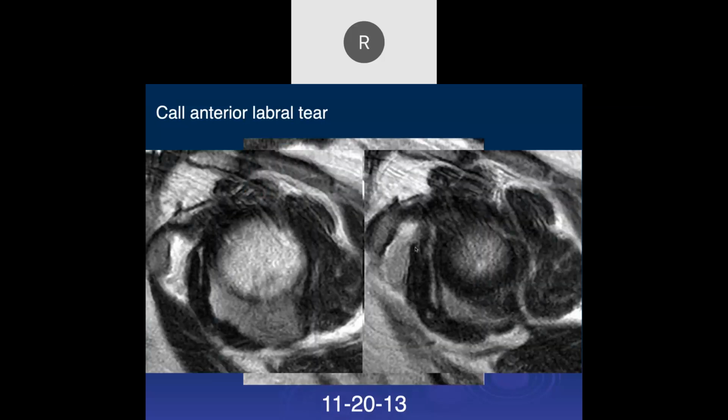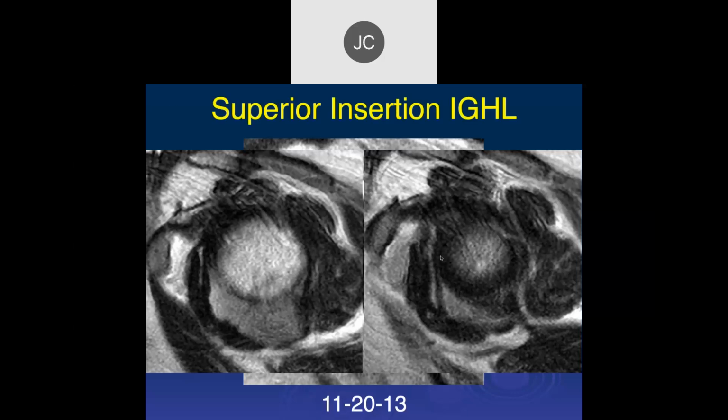If we go to the sagittal images, they can actually be helpful here because this really looks like the middle glenohumeral ligament. That's this structure. Then there's another structure behind it if we go through all the cuts. And this is actually a superior insertion of the inferior glenohumeral ligament and is all normal anatomy.